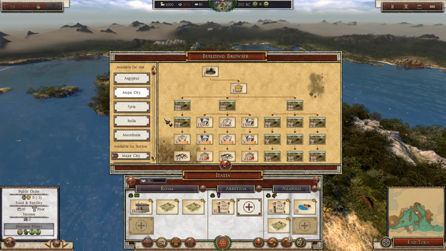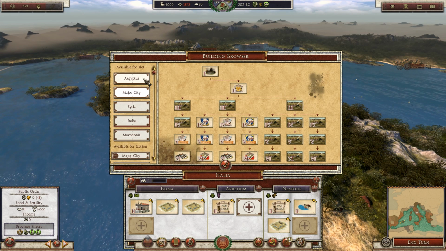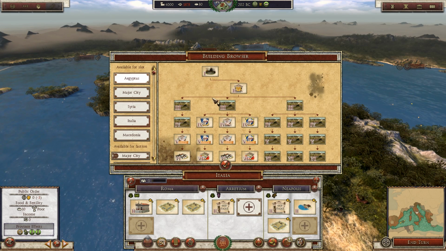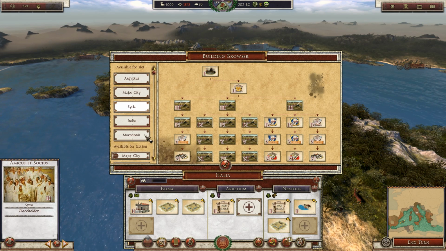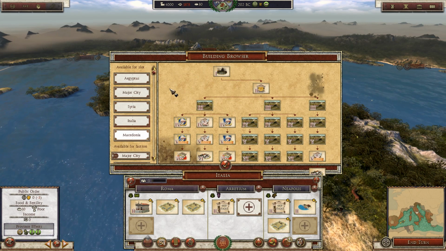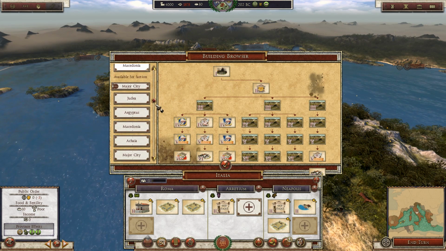So this is going to be for the major cities. We have more options for the minor cities. But for instance, we have Egypt, which will have its own set. We'll have Syria, which has its own set of options. And Macedonia. Now again, that is for the major provinces only. There are minor provinces down here.